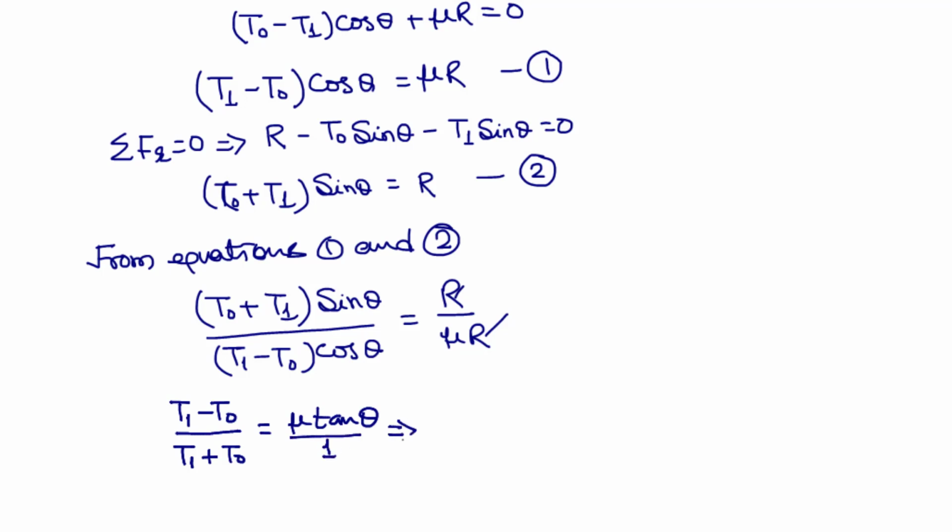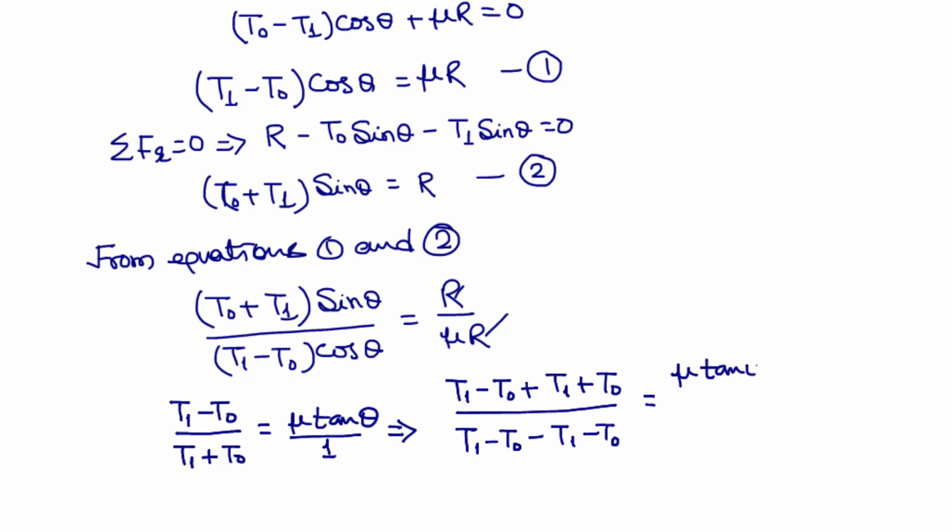It can be written as (T1 minus T0 plus T1 plus T0) upon (T1 minus T0 minus T1 minus T0) equals (mu tan theta plus 1) upon (mu tan theta minus 1).